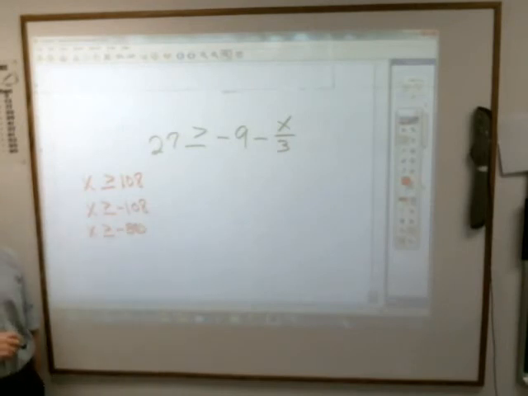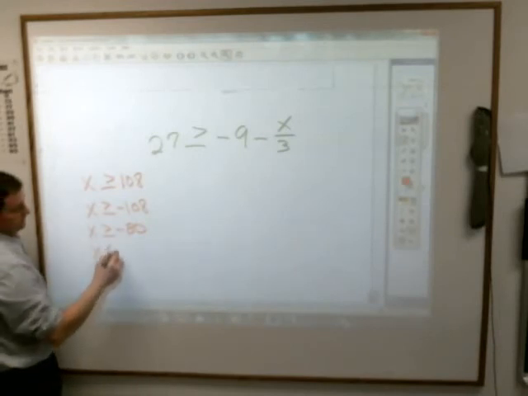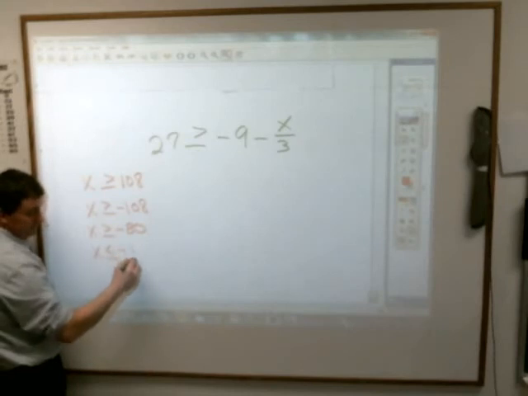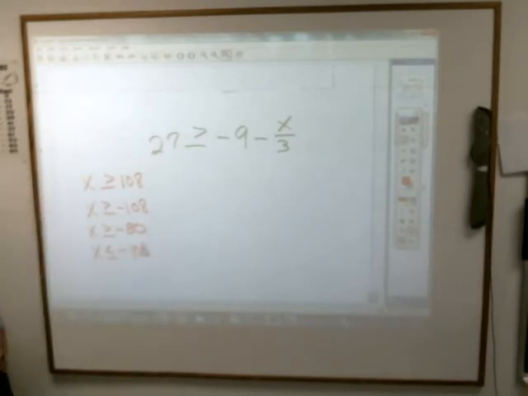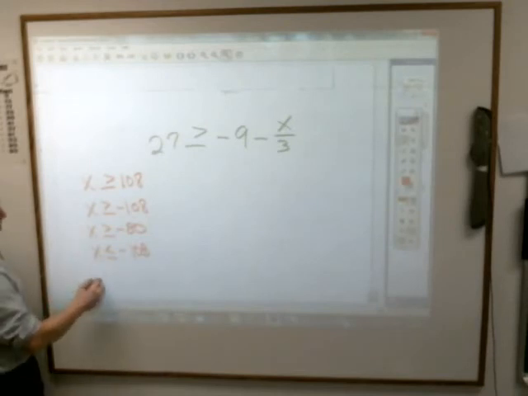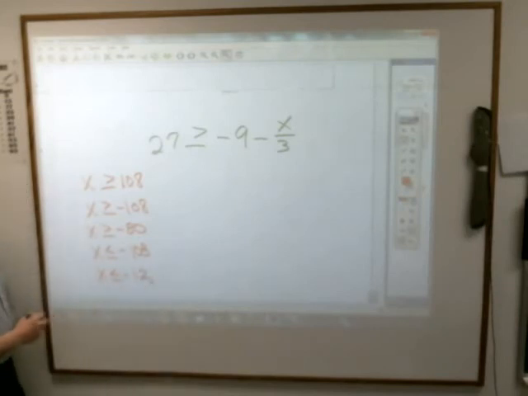X is less than or equal to -100. I got 108, I got less than. Emma Haynes, I got X is less than or equal. I got -12. I take mine back, I take Lucas's. Alright, let's just stop there.